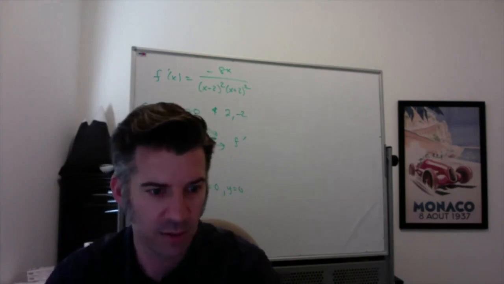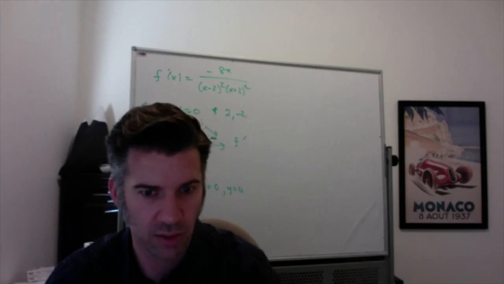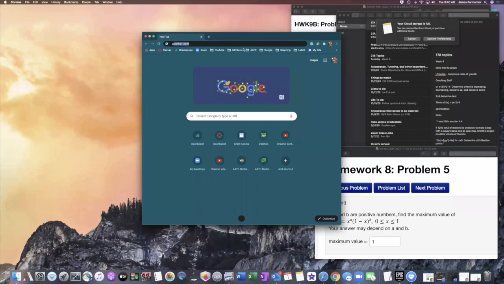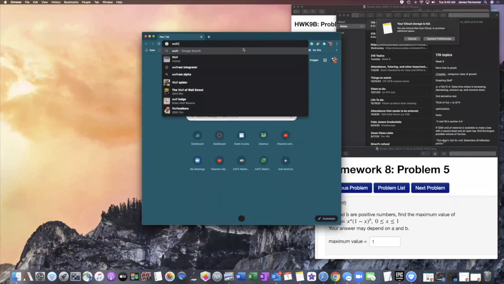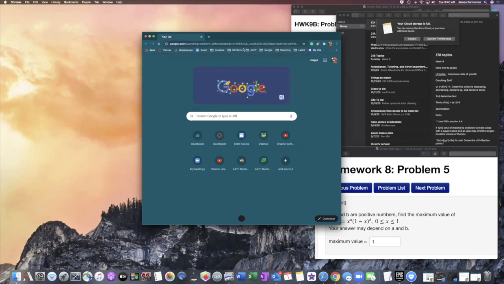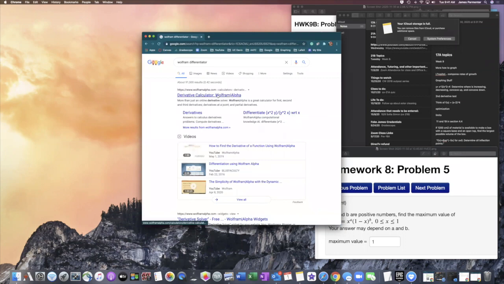So literally, I'm going to Google Wolfram differentiator. Can I spell? Maybe. Close enough. Okay, so here's the derivative calculator.